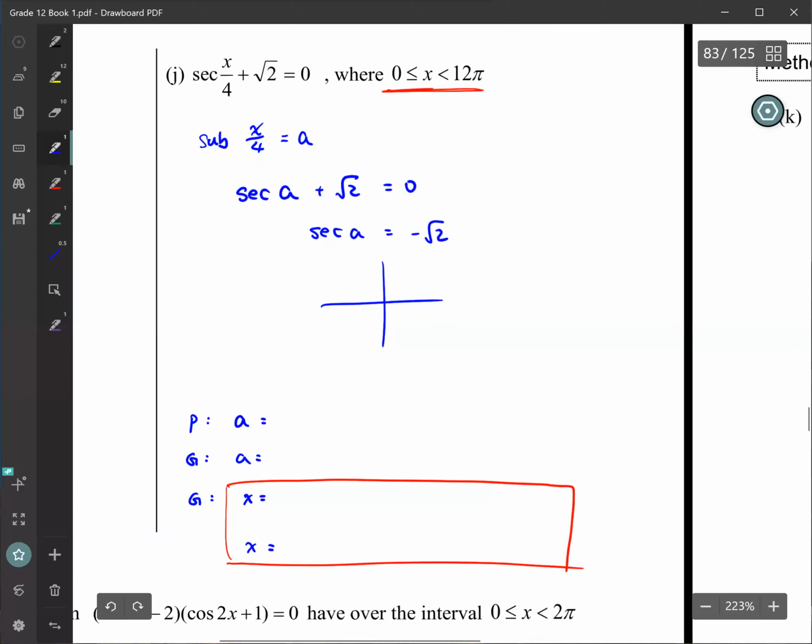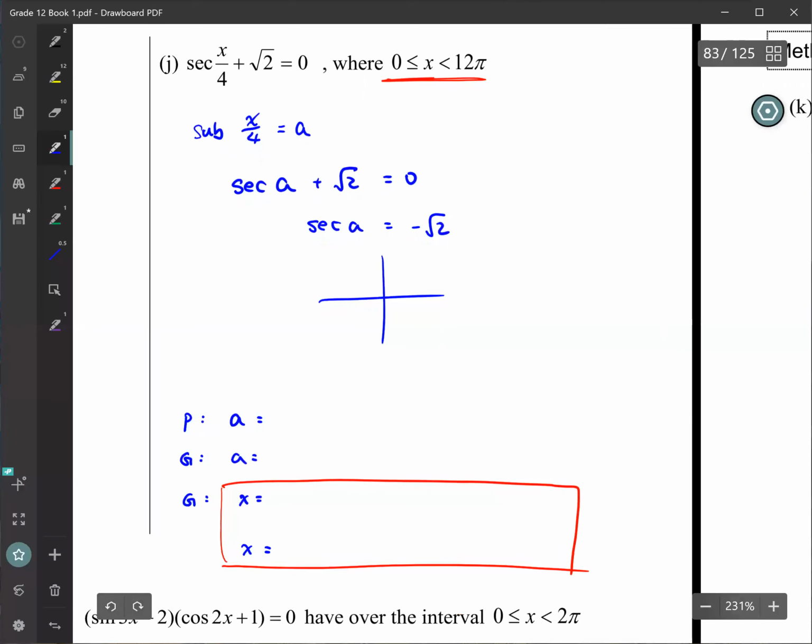Let's check the quadrants now, okay? Samantha, which quadrant should we draw the angle? Which quadrant, Samantha? 2 and 3. 2 and 3, very good.